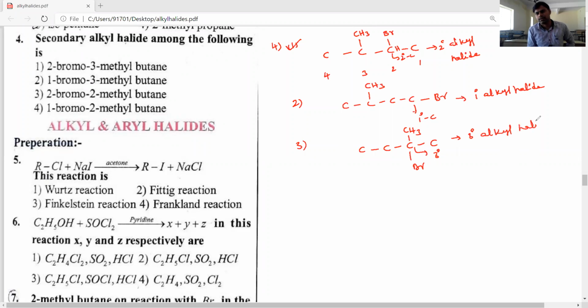Now the fourth one is 1-bromo 2-methyl butane, which means the bromine is attached to a primary carbon only. So that's why it is a primary alkyl halide. So the first option is correct. The first option is secondary, this is primary, this is tertiary, and this is primary.